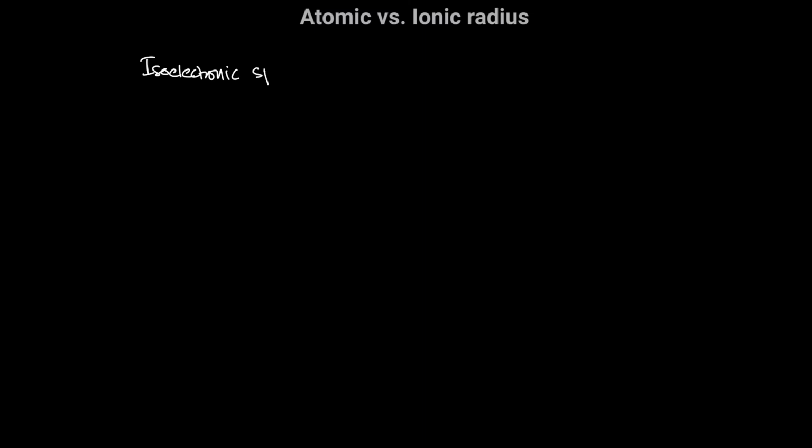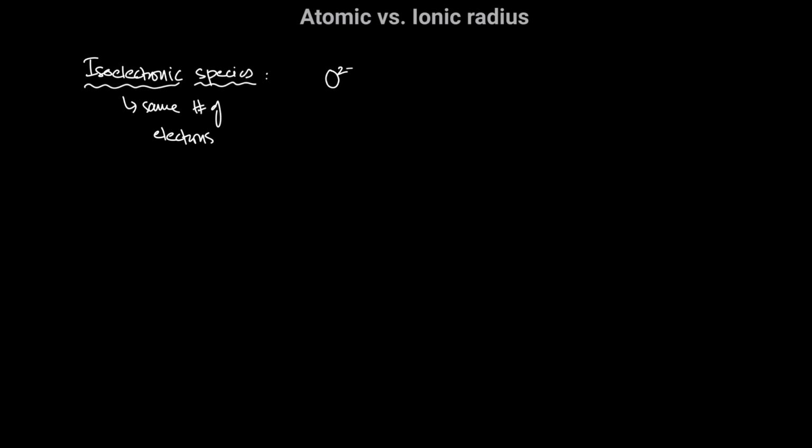Isoelectronic here means the same number of electrons. And let's look at some isoelectronic species here and compare their radii. So for example, here I have the oxide ion, fluoride ions, we have neon, we have sodium ions, we have magnesium ions.